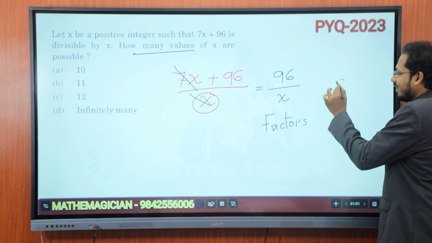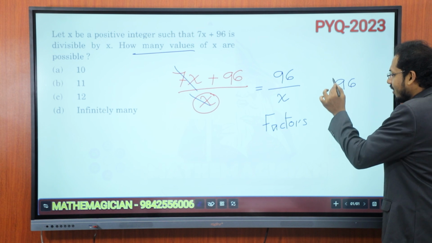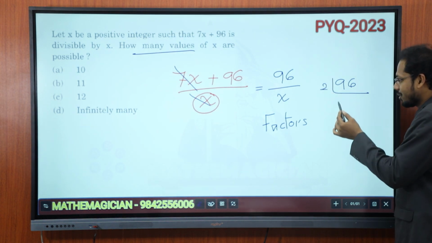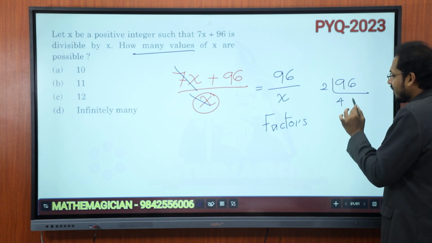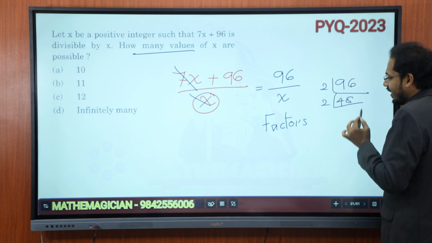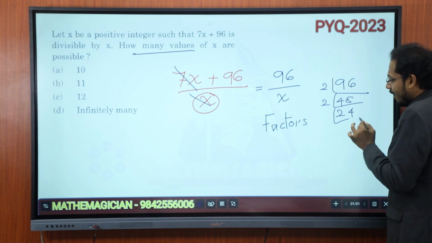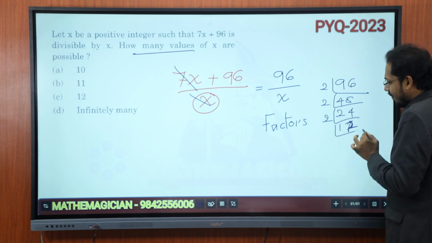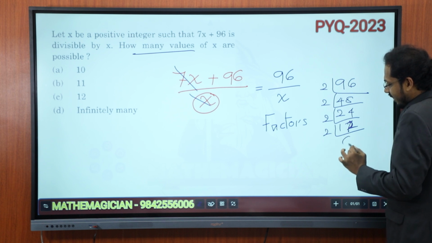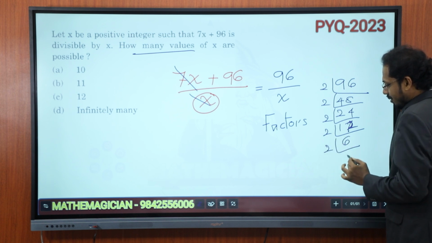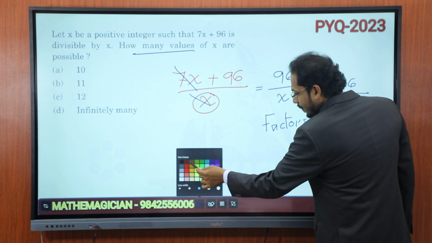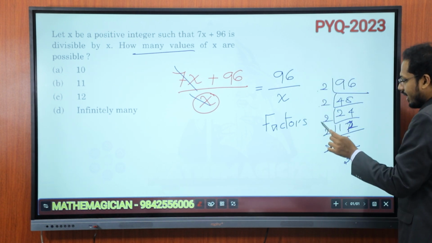Let's take 96. If I take only prime numbers we need to use, so let's start from 2, 4 times 8, remainder 1, 16, 8. Then again if I take 2, 2 times 4, and again 2, 1, 2, 12, then 2, 6, then 2, 3. Look at this, how many 2's? 1, 2, 3, 4, 5.